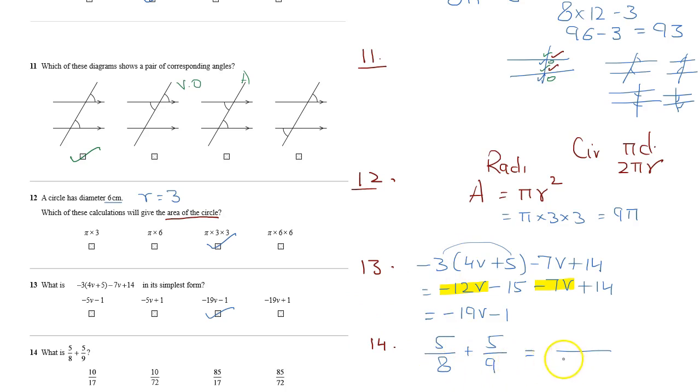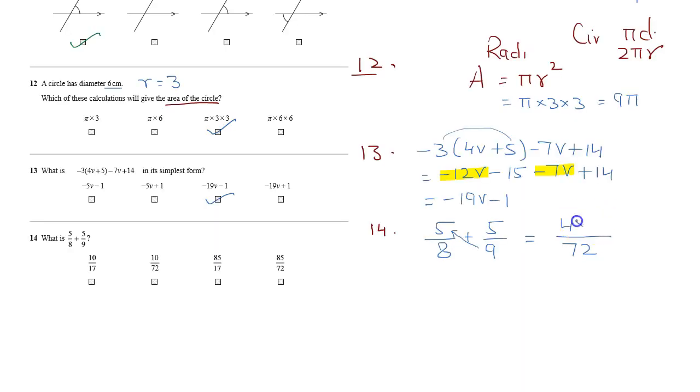So 8 times 9 is 72. Now you multiply this: 9 times 5 is 45. And 8 times 5 is 40. So that is 85 over 72. So this is the answer.